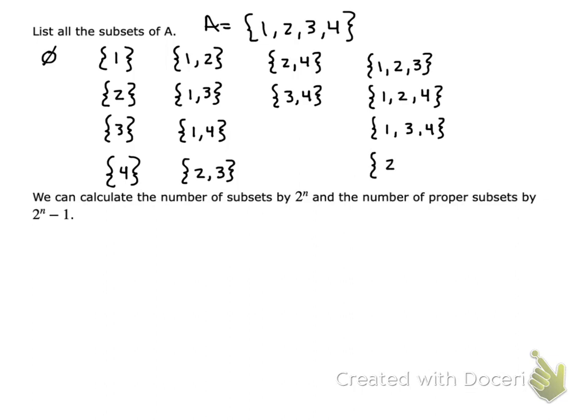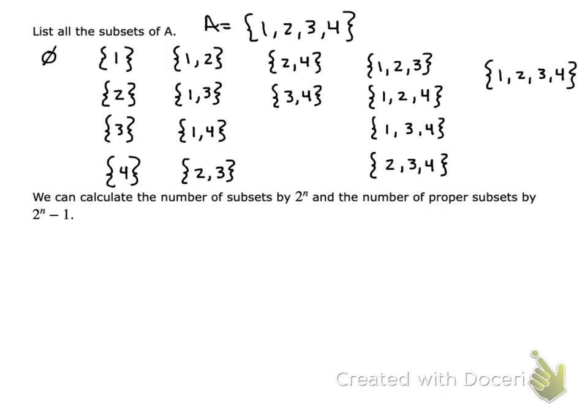I could have 2, 3, and 4. And then I can have a subset with all 4 elements: 1, 2, 3, 4. In other words, itself. A is a subset of itself.